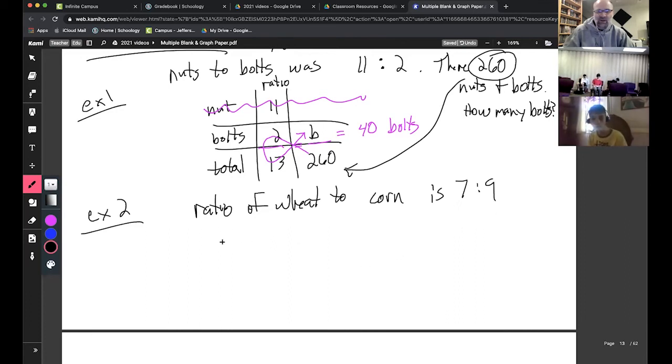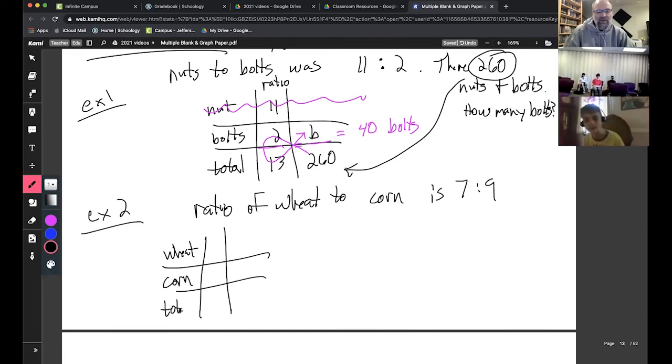Okay, so far on my chart, I've got wheat, I've got corn, I've got total. Oh, I forgot this is a free problem set. So I'm going to let you do it. All right, here's the rest of it. If he had 640 acres, how many should be planted with wheat?